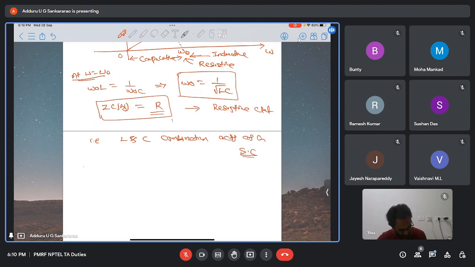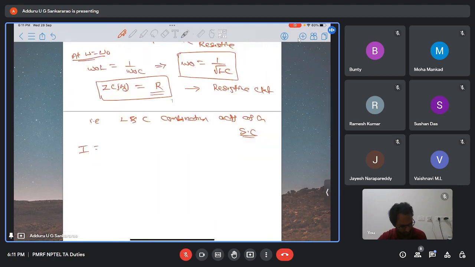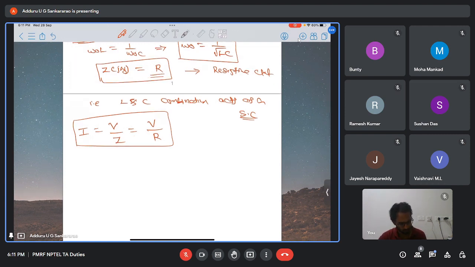Now what is the current in the circuit? Since it is in series, we can say V by Z is the current. At resonance Z equals R, so the current in the circuit is V by R. Okay. So we have seen this already.